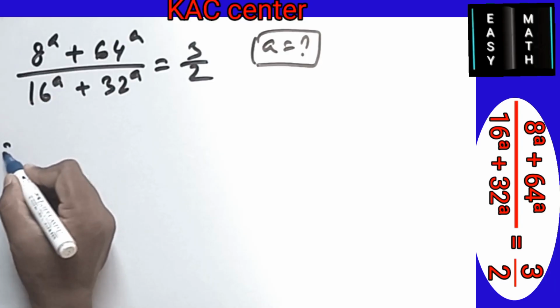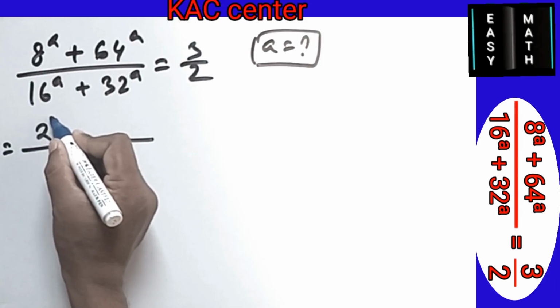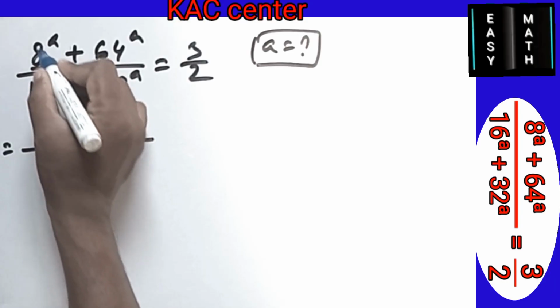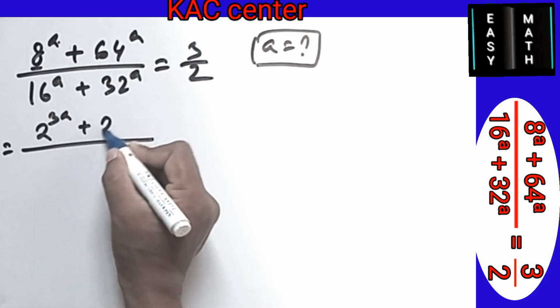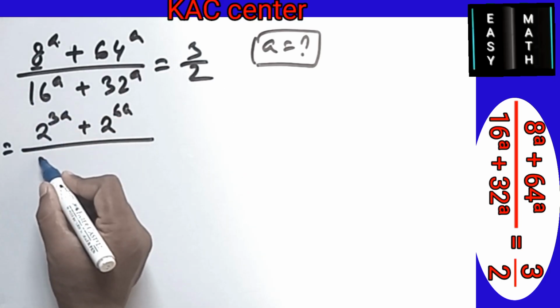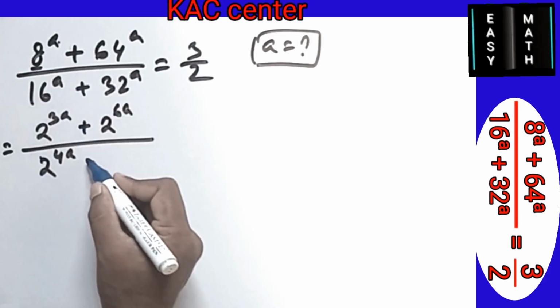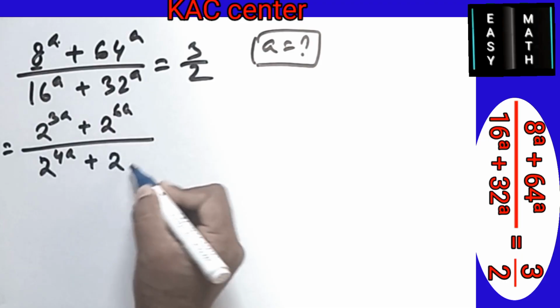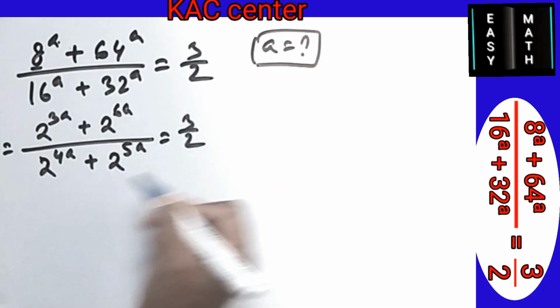First we can write 2 to the power 3a, multiplied with 2 to the power 6, and 16 is 2 to the power 4, and the powers multiply, and 2 to the power 5a is multiplied, equals 3 by 2.